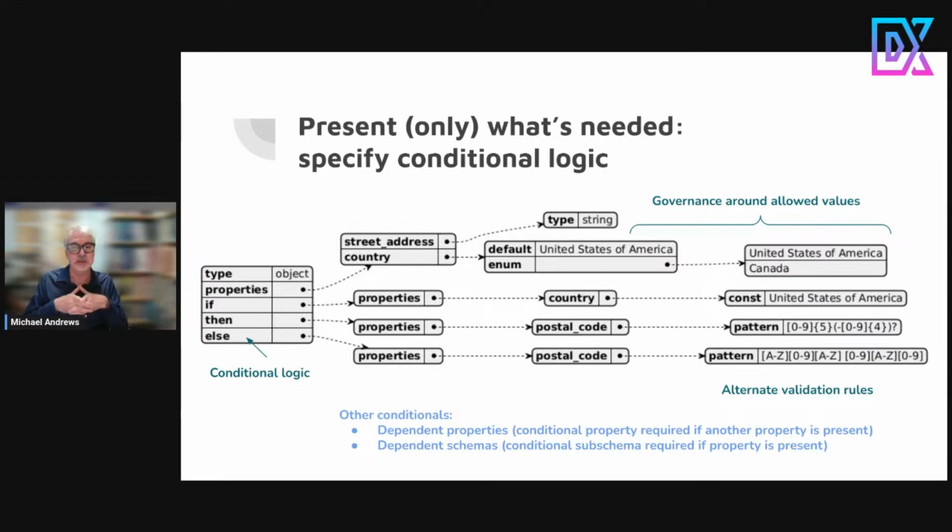There are dependent properties keyword, and there's even a dependent schema keyword where you are able to, all right, if someone needs that, then you expose the other content type that they need to fill in. So you build this in and help to simplify things for people as they're producing it.